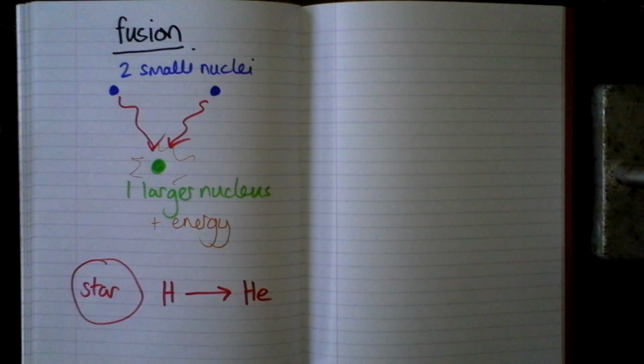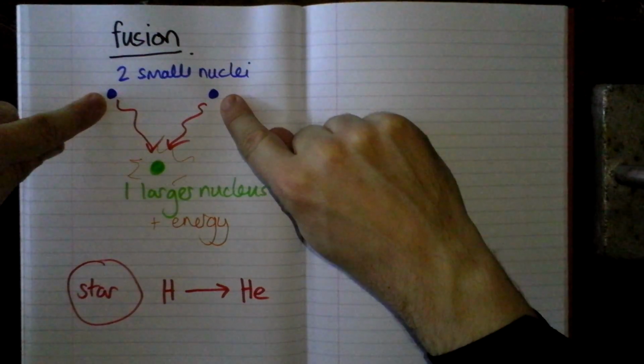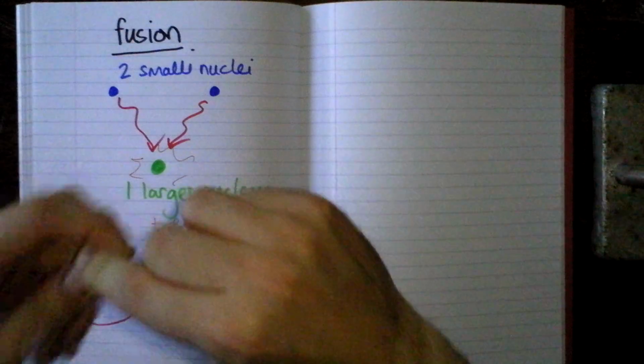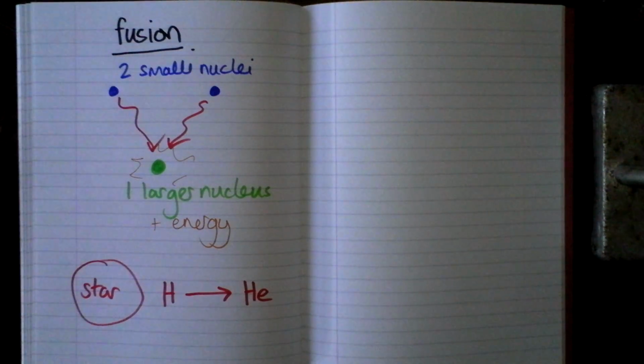And actually, as a star continues, it will gradually start to fuse helium into heavier elements. And all of the elements in the universe have been made by stars and by supernova when stars explode when they die. But what you need to know is that fusion is two small nuclei crashing together to make one larger nucleus and releasing energy. And you need to know that that's what fuels stars.